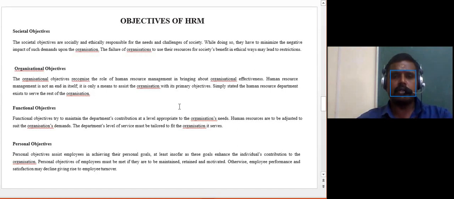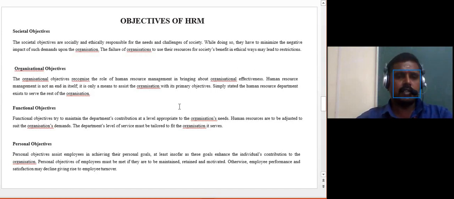While doing so, they have to minimize the negative impact of such demands upon the organization. The failure of organizations to use their resources for society's benefit in ethical ways may lead to restrictions. So this is called the societal objective.